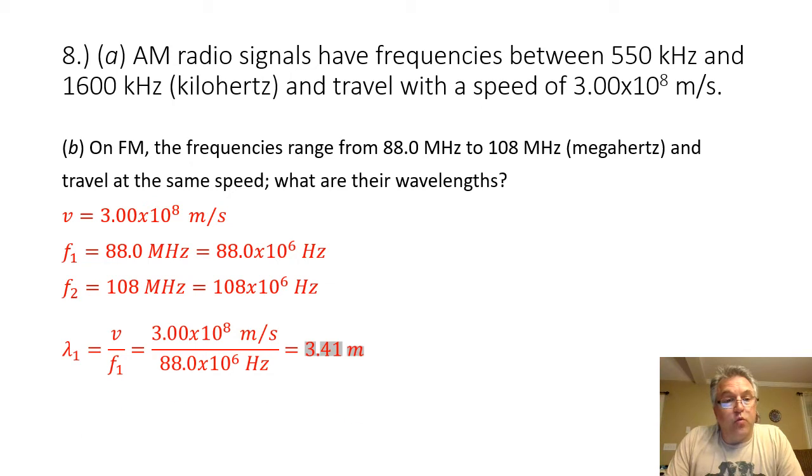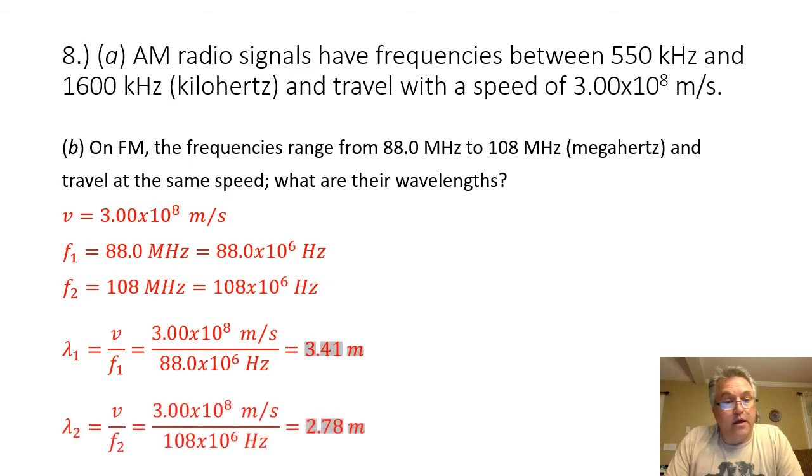To find the wavelength of my 108 megahertz frequency, I will divide again 3.00 times 10 to the 8th meters per second by my frequency of 108 times 10 to the 6th hertz, and that will give me a wavelength of 2.78 meters for the 108 megahertz frequency.